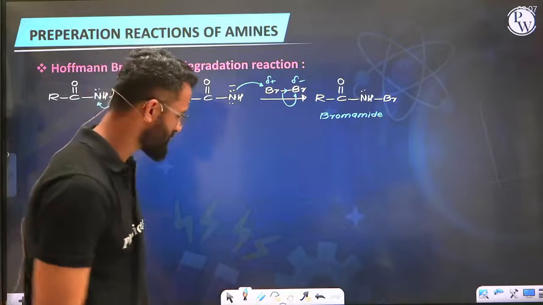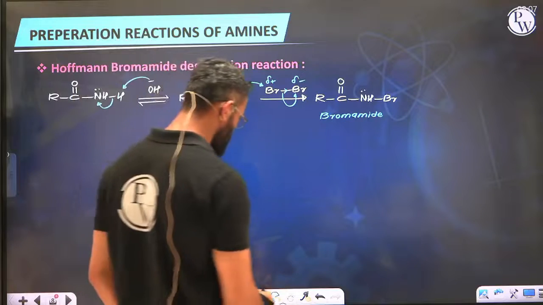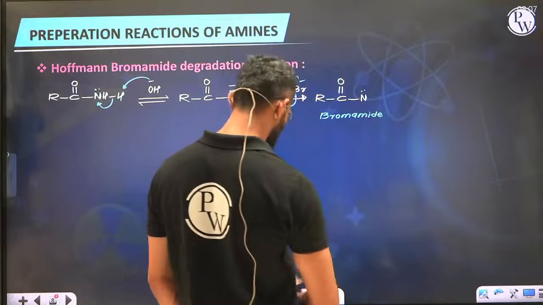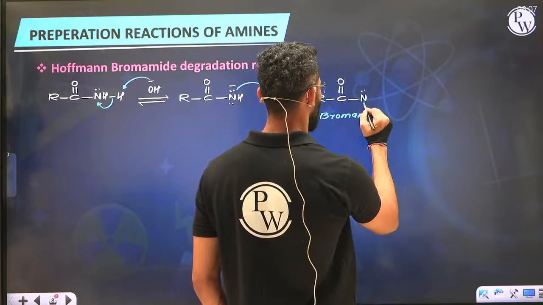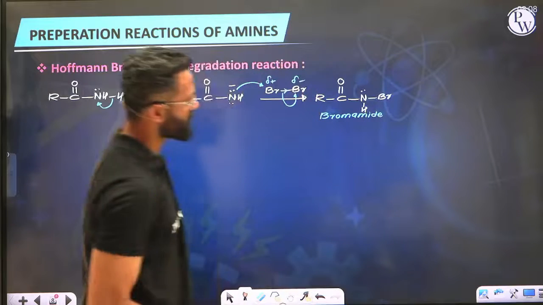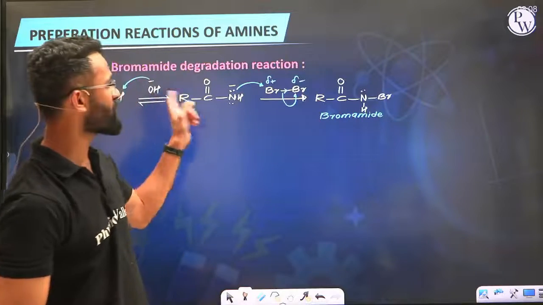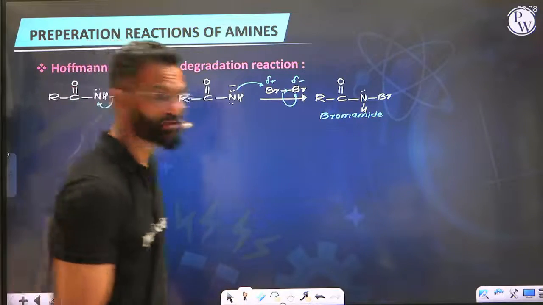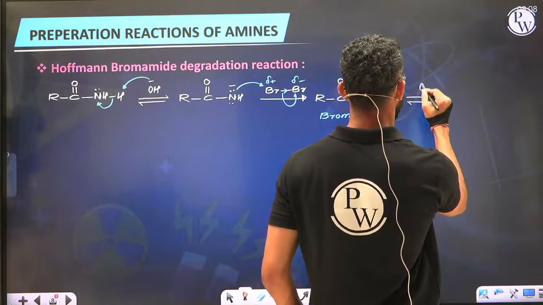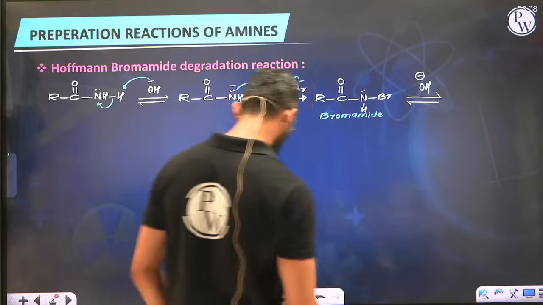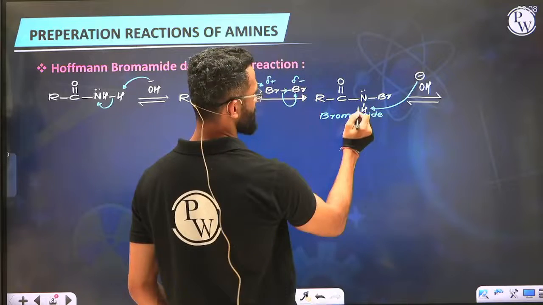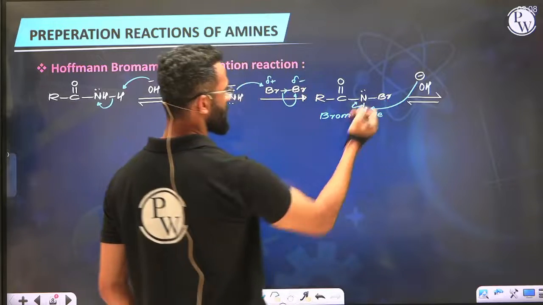Now this bromamide is further treated with another base. So what we are doing here is highlighting this hydrogen atom. Let's say we have H here and that was bromine. Now we are going to treat this with the second equivalent of base, which will accept this protic H. The second equivalent of base accepted this H and the sigma bond went back on nitrogen, making it electron rich.